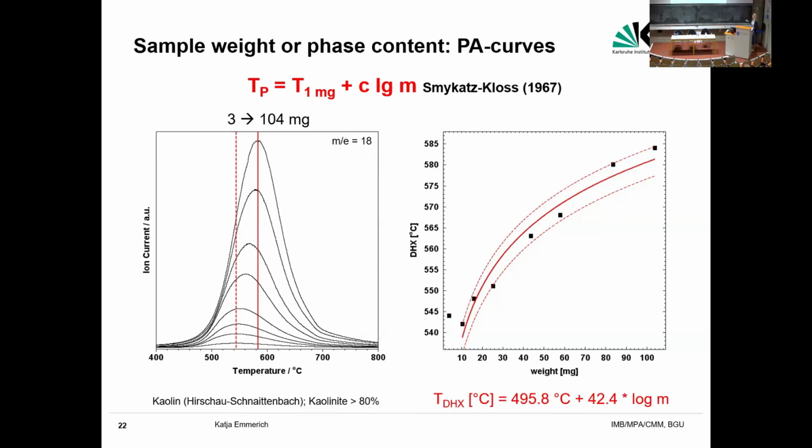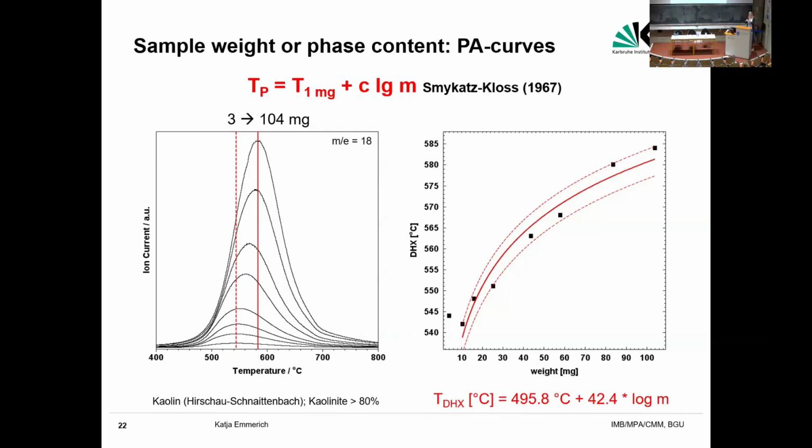And what you can see here, if you always work with a low sample weight, and then one time you use 10 milligram, the other measurement you use 15 or 20 milligram, you see you have a large difference in the peak position, because it's a logarithmic dependency. If you apply 100 milligram, it doesn't matter if you apply 102 or 98 milligram. So then the deviation in the peak temperature is much lower.